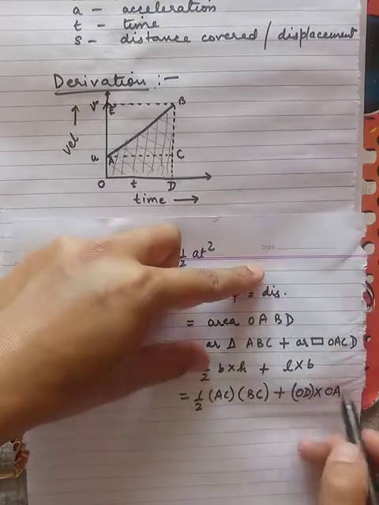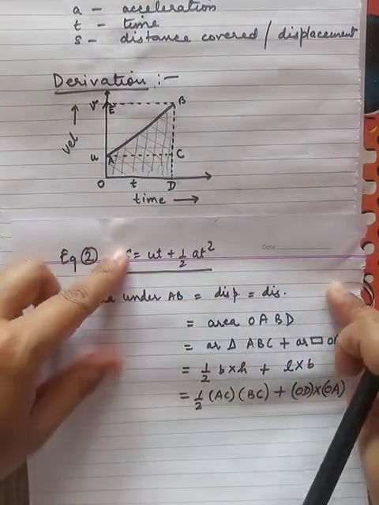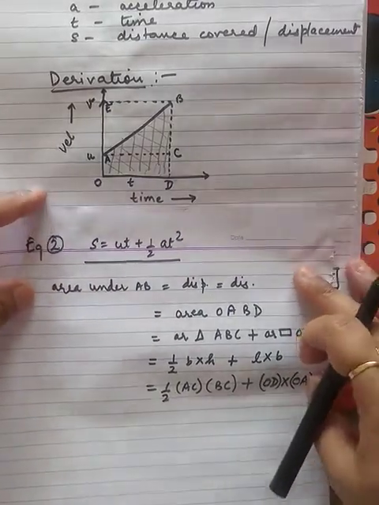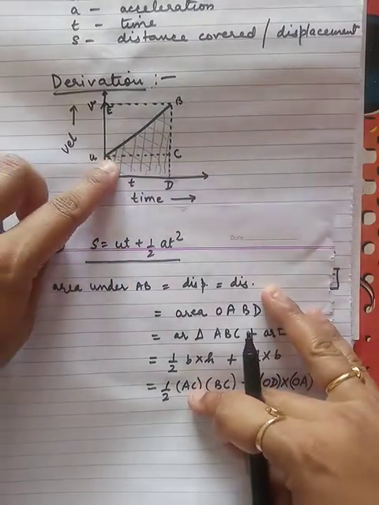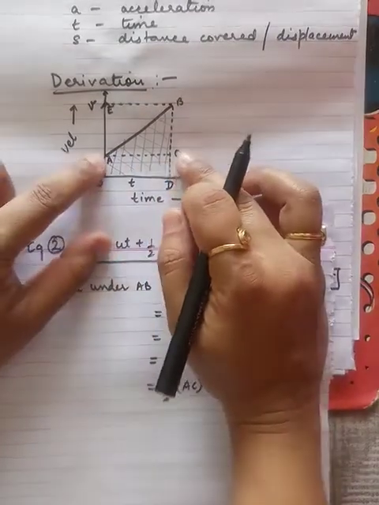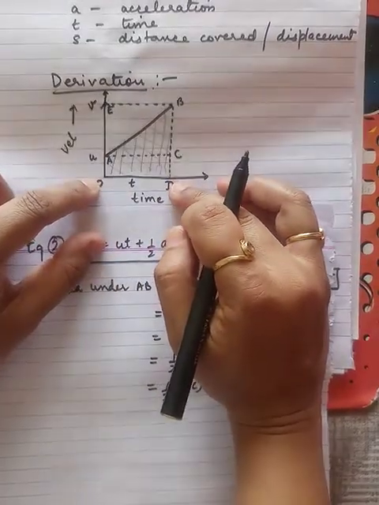Now I have to write down the values in the form of variables. The variables for AC. What is AC? See, AC is equivalent to OD on the x-axis.